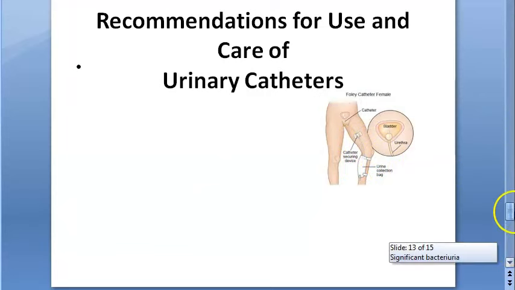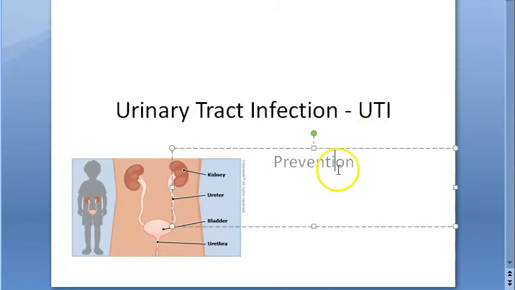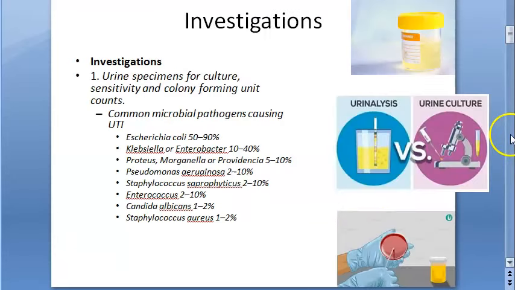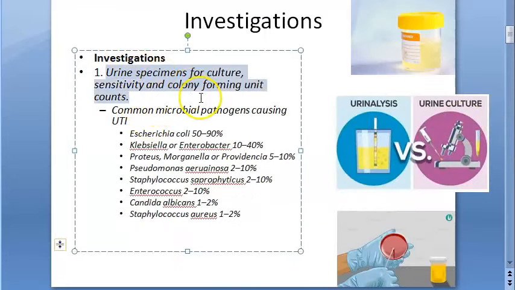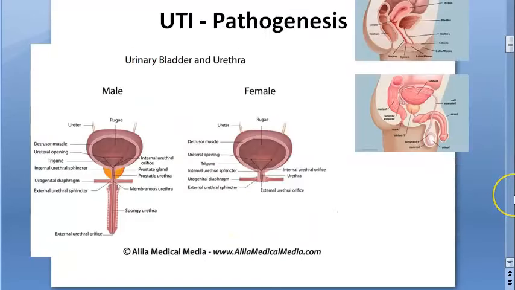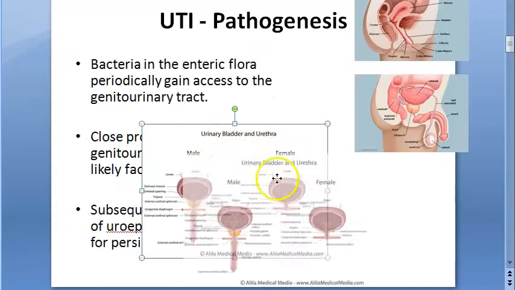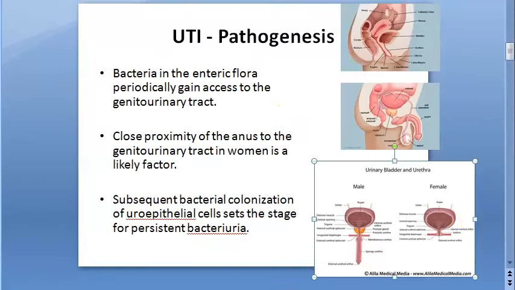So let us take a recap of what we have seen in this video. We started off with what the symptoms of UTI, urinary tract infection, are. Then immediately before taking any antibiotic, the urine specimen must be given for analysis, culture and sensitivity. We looked at the common microbial pathogens which cause UTI. Then we saw the pathogenesis, how the bacteria is entering and ascending.